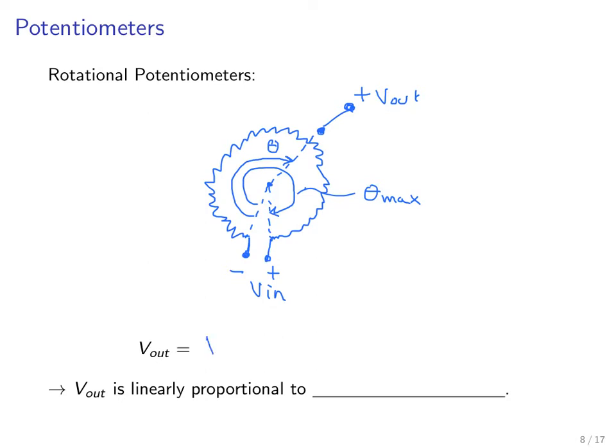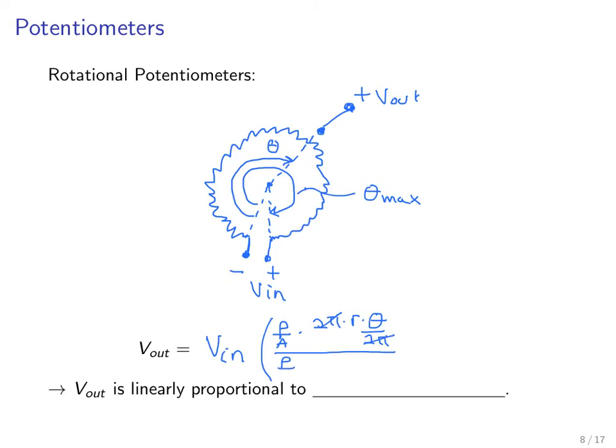And what we get when we consider the circumference is that Vout is proportional to Vin times rho over A times 2 pi R, the circumference, times the fraction of the circumference that the wiper has swept through. Okay, so that would be theta over 2 pi. Of course, the 2 pi's then cancel.